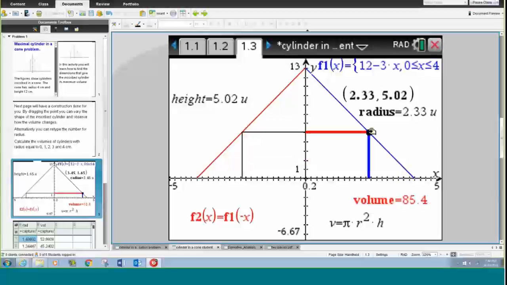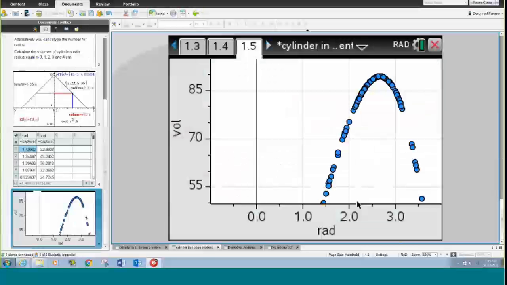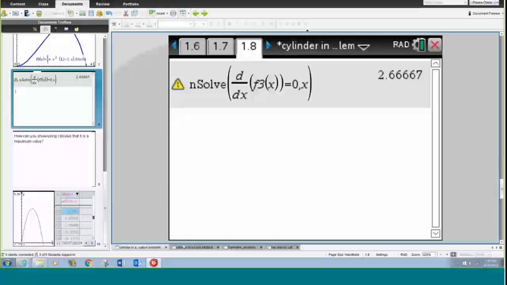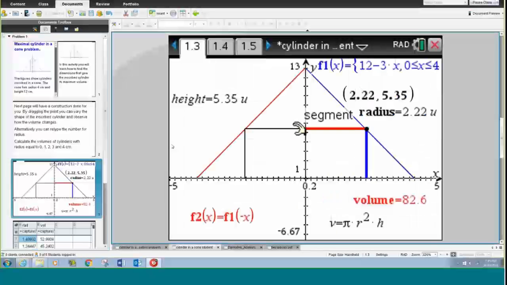The next thing, we can capture what is actually happening here. I have already done it, but I have a file here, cylinder in a cone for students. How do we do that? I still have my graph there.